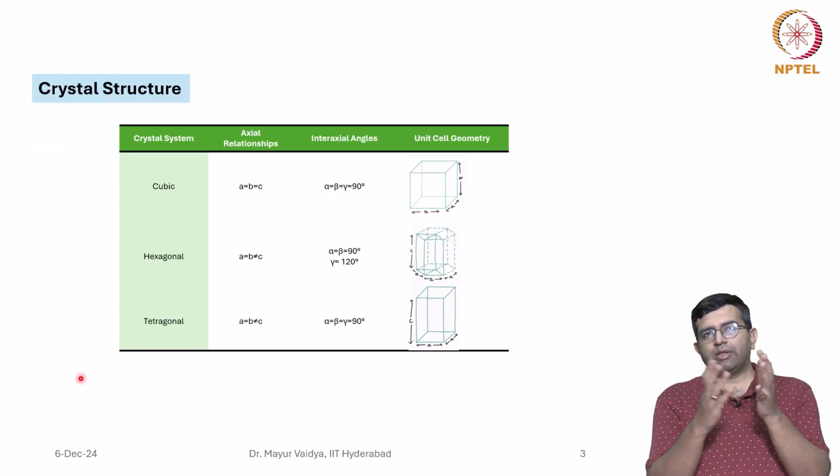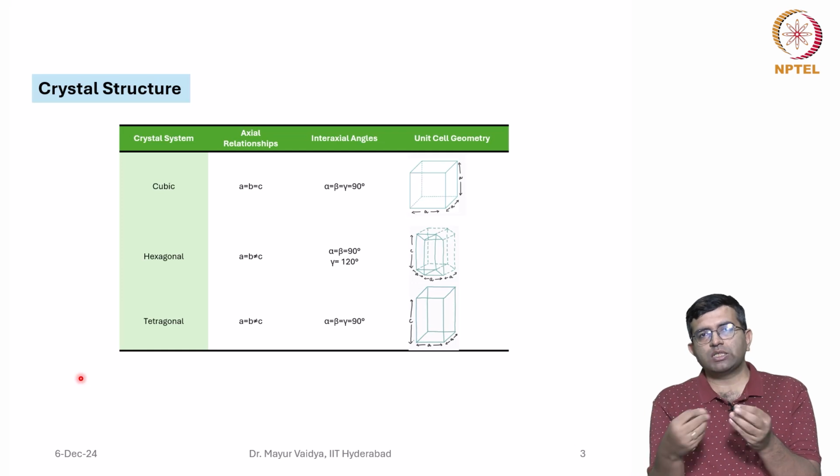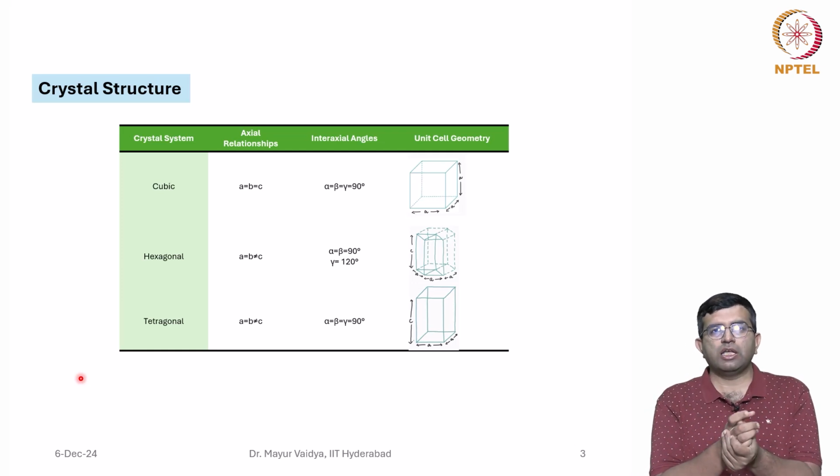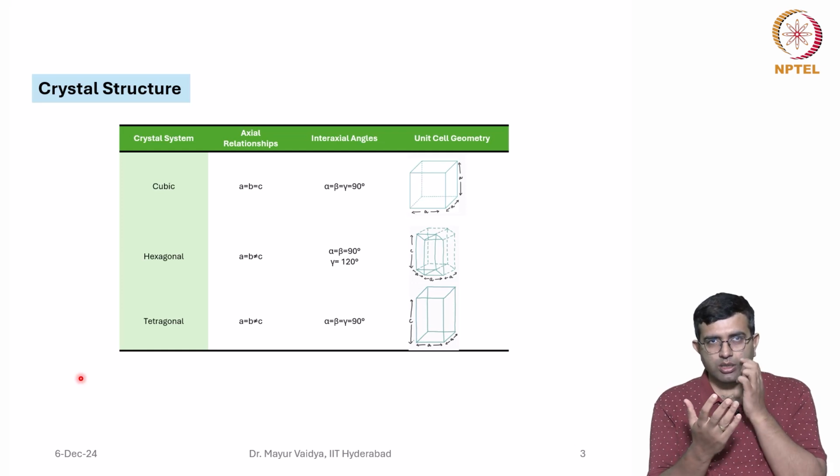Now, you know that solids primarily have a crystal structure, so to say, and of course, there are some solids like glass which are amorphous in nature, but the majority of metallic materials crystallize in a particular structure.